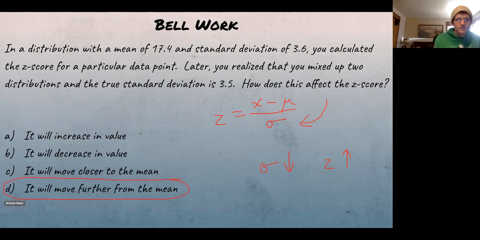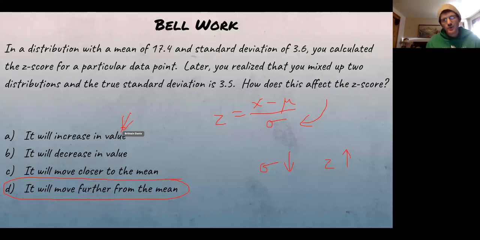But it's also true in this case that it's going to go, well, actually, no, okay. I'm rereading my question a third time now. And that is the best answer because there is a possibility that your value will actually get bigger in absolute value, which means bigger in a negative direction also. So it's going to move further from the mean. It could potentially increase in value.